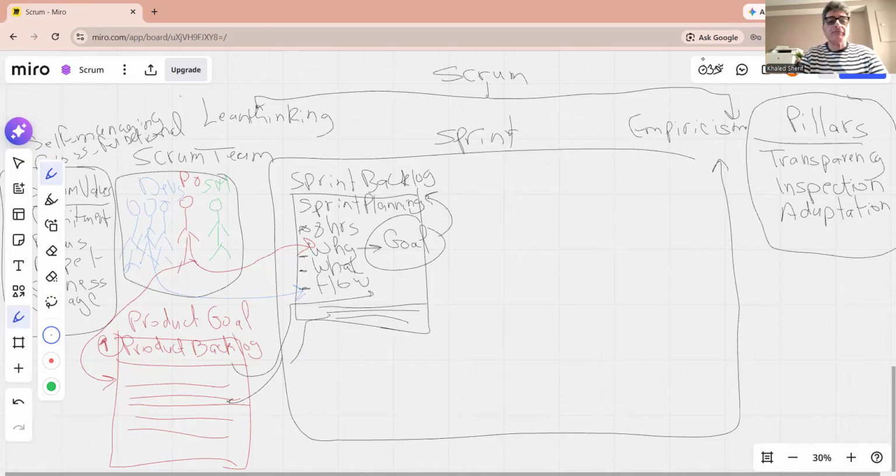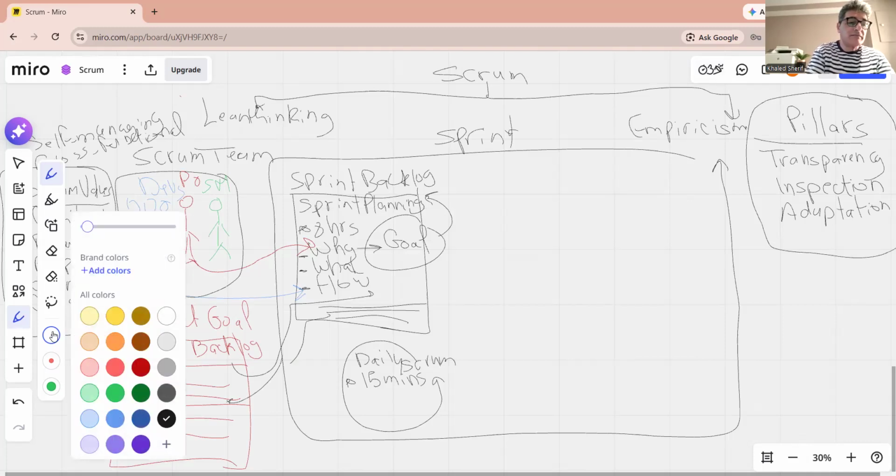Once sprint planning is concluded and a sprint backlog is developed, the team starts doing the work. Then comes the third event in Scrum, which is the daily Scrum. Daily Scrum is time-boxed to a maximum of 15 minutes every day.